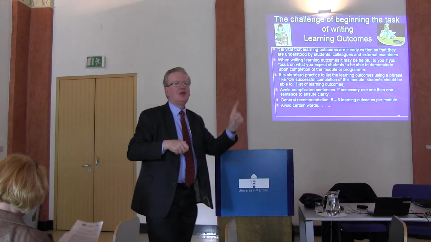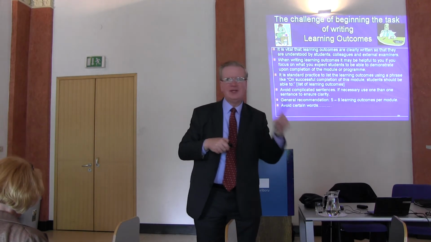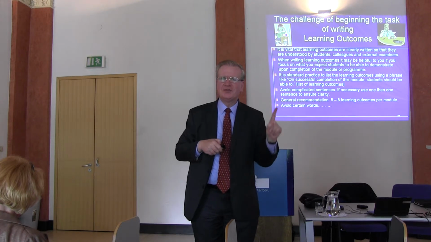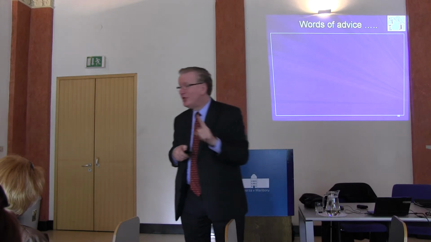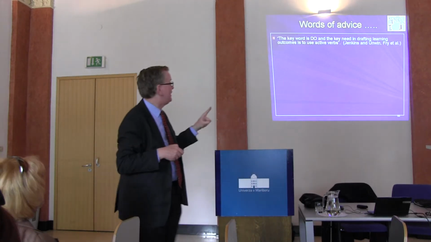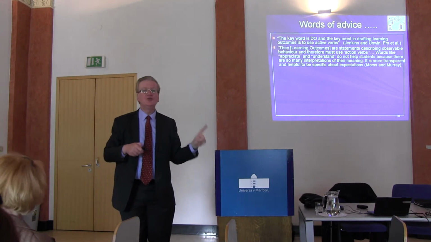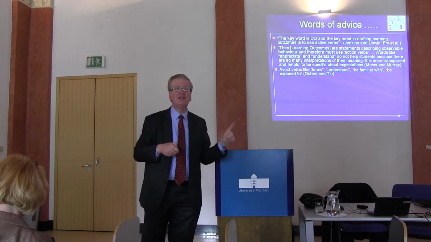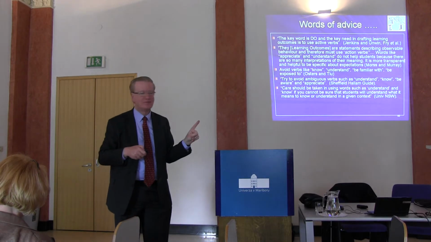Now, the one mistake that time and time again is made in writing learning outcomes is well documented in the literature. And this mistake is that the professors use the language of aims and objectives when writing learning outcomes.